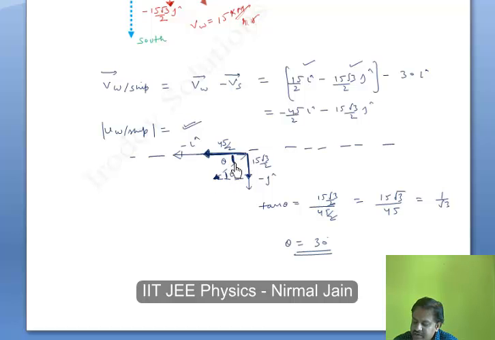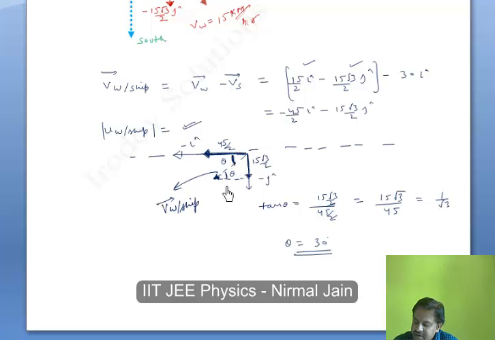I have to find this angle, which is for the velocity of wind with respect to ship in vector form. This and this are the same angles because these are alternate angles.